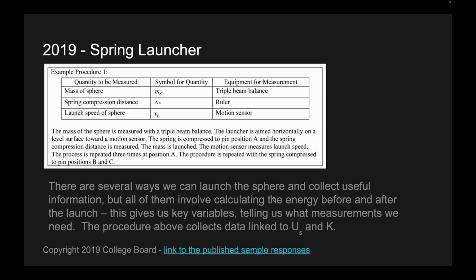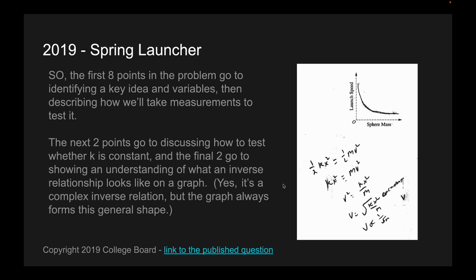Video camera and analysis software is a very easy tool to use to get instantaneous velocity, the velocity right before the block hits the ground, or in this case, right as the ball leaves the launcher. Okay, so first 8 points in that problem go to identifying that key idea, conservation of energy, and linking that to some variables you can measure, and then describing how you'll take those measurements and what calculations you'll do.